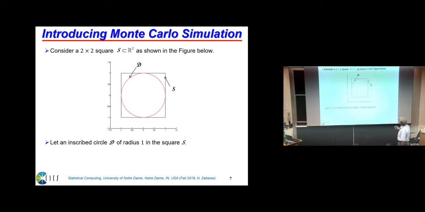So what we have is this square of size 2 by 2, and this circle of radius 1 that I denote with d. So remember, S will be the square, and the circle here, I denote with d.